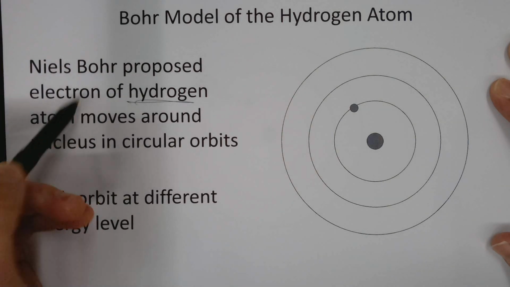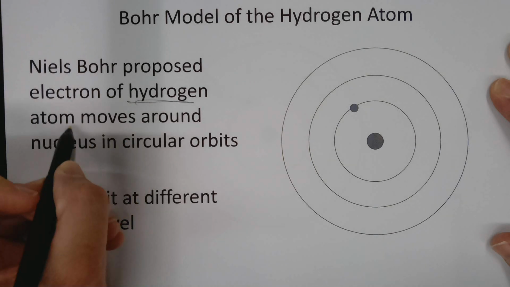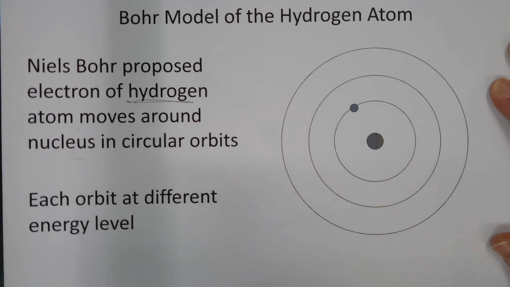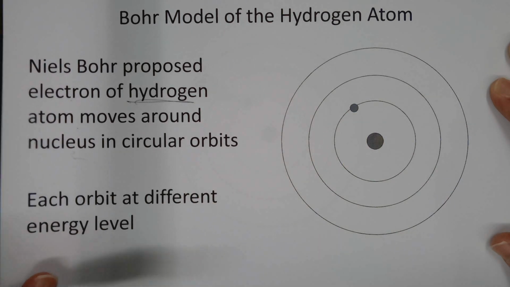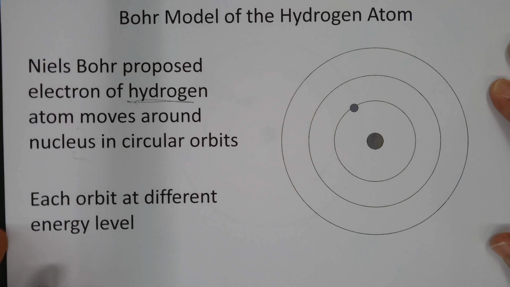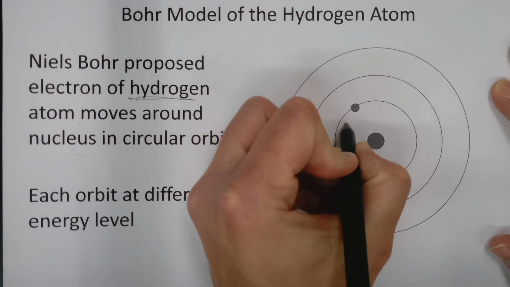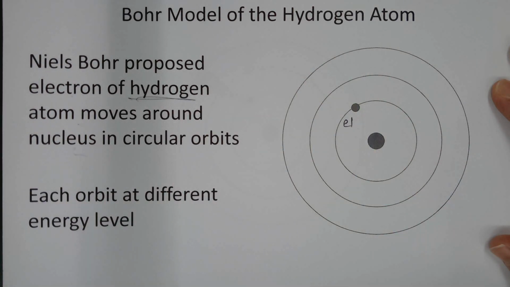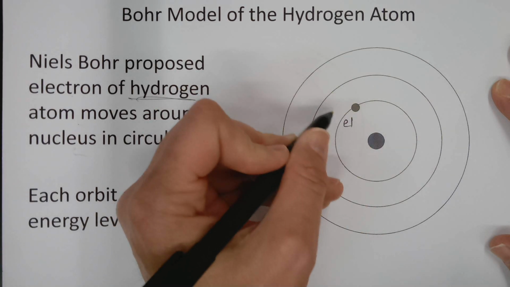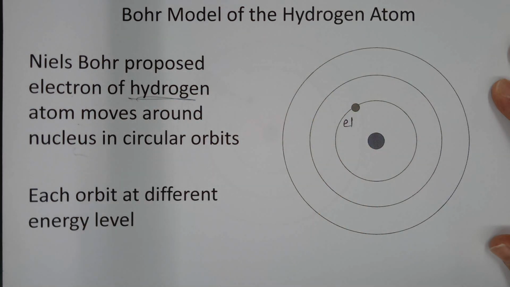He proposed that the electron of the hydrogen atom is moving around the nucleus in circular orbits. This might be a picture that you're familiar with from the past. And he proposed that each orbit is at a different energy level. Closest to the nucleus is the lowest energy level, and as we move further from the nucleus, we get to higher and higher energy levels.